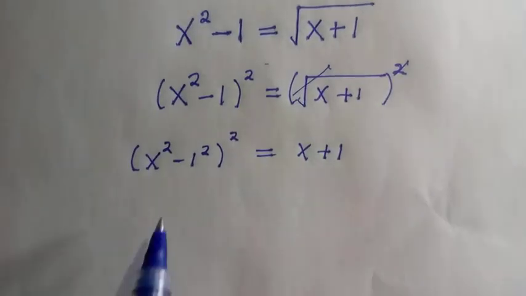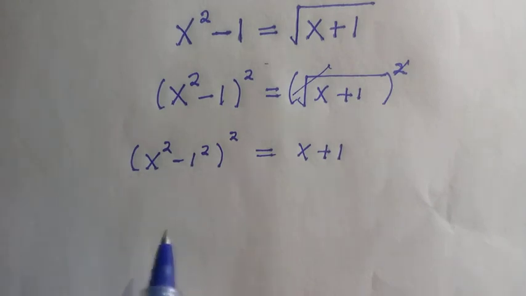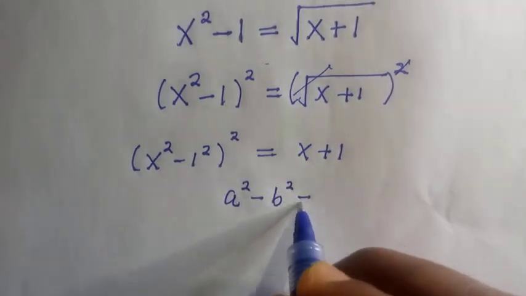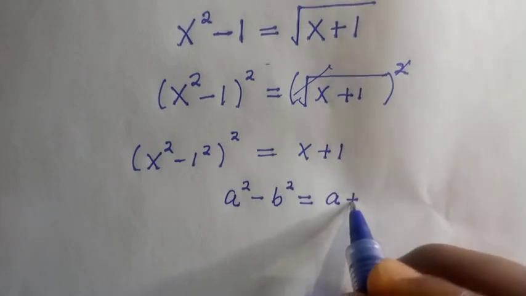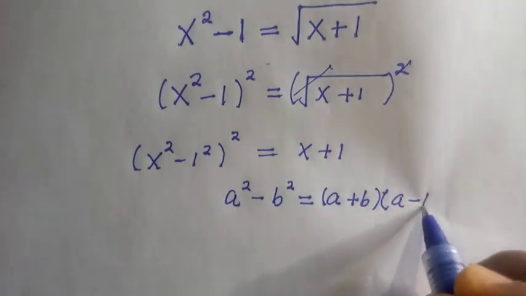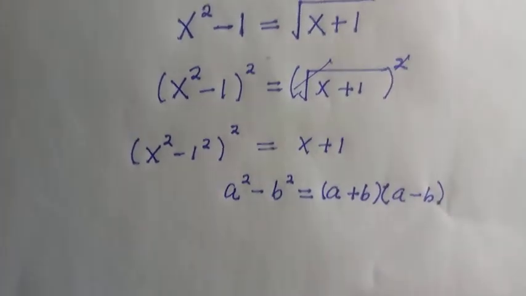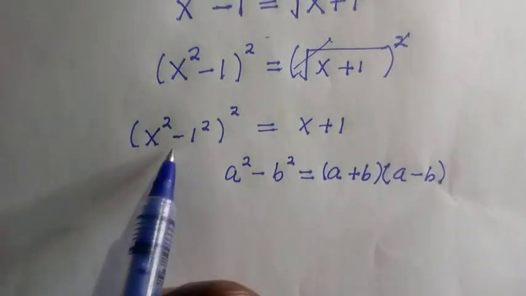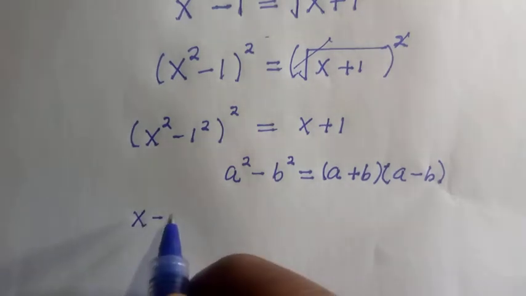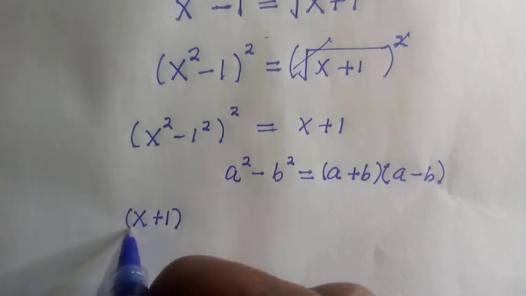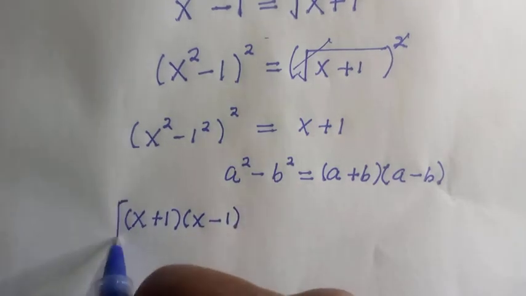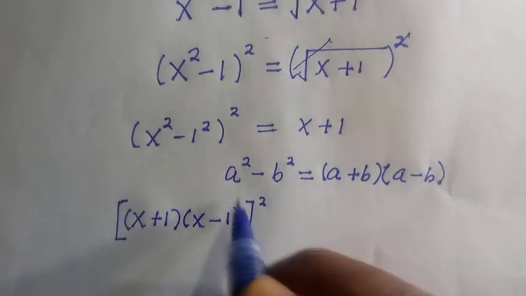Then we have to recall the difference of two squares: when we have a^2 minus b^2, this is given as (a plus b)(a minus b). So we consider this as a difference of two squares. Then we rewrite x^2 minus 1 as (x plus 1)(x minus 1), all in a general square.